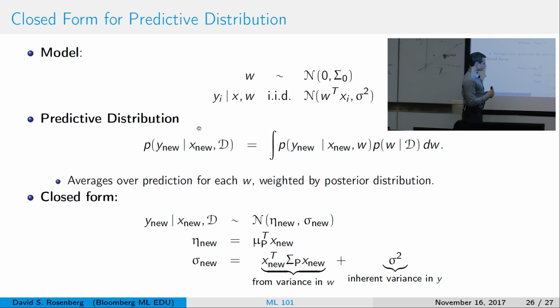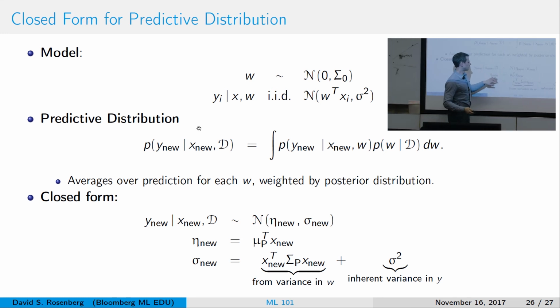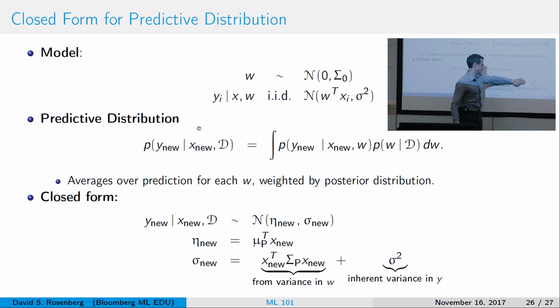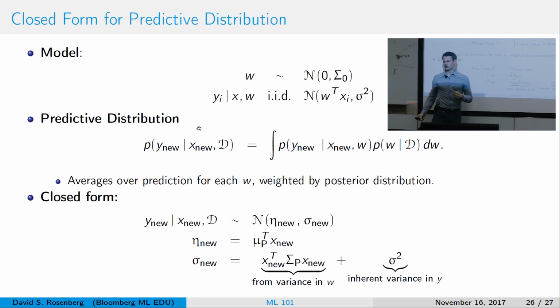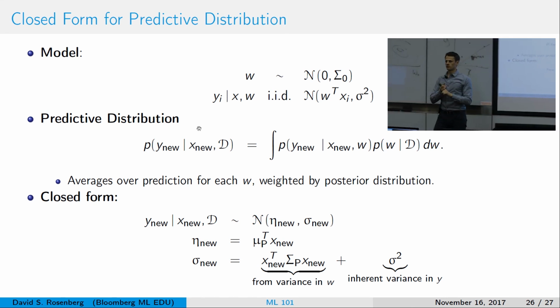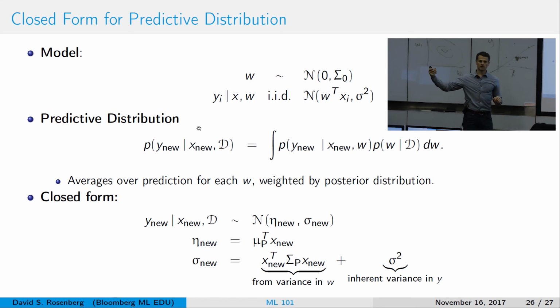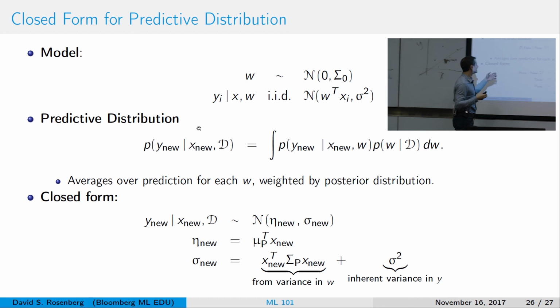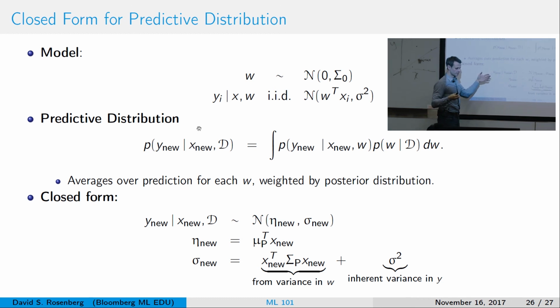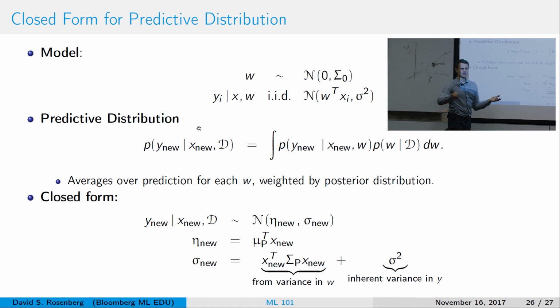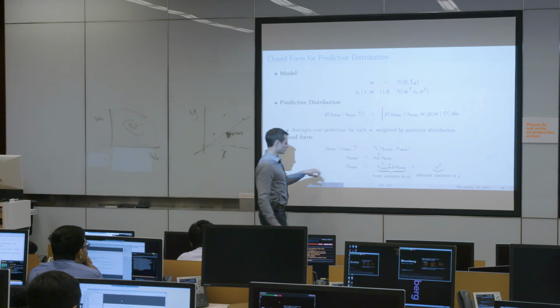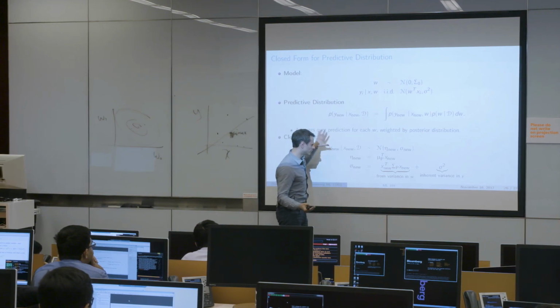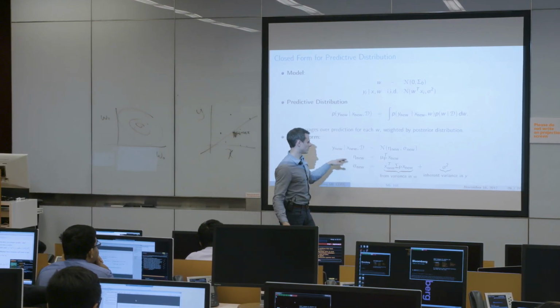And the variance has a nice decomposition, which is interesting. I have two pieces. One is sigma squared. All of our data is generated by taking the true w, computing w transpose x, and then adding some Gaussian noise with variance sigma squared. So the predictive distribution for y has to account for the variance that's inherent in the data. That's the sigma squared piece. So this is decomposing the new predictive variance into two pieces.